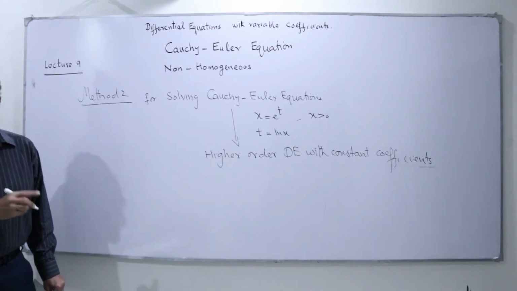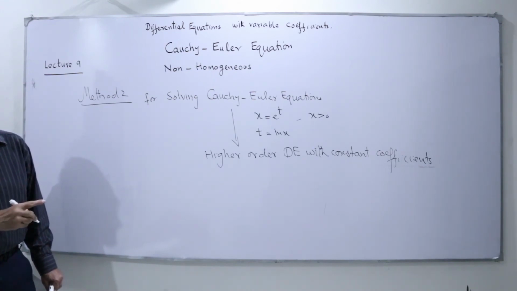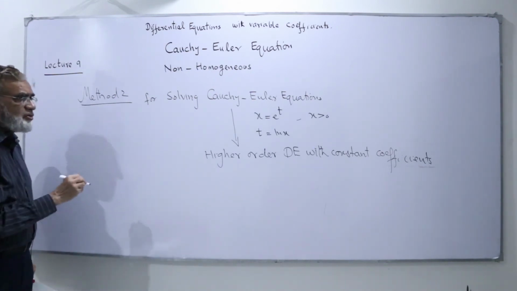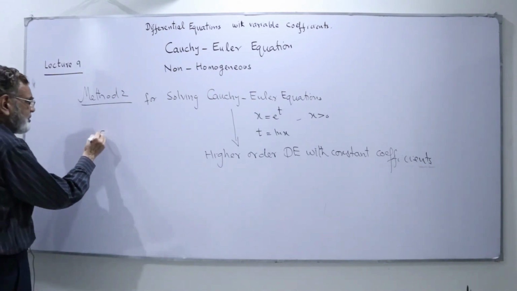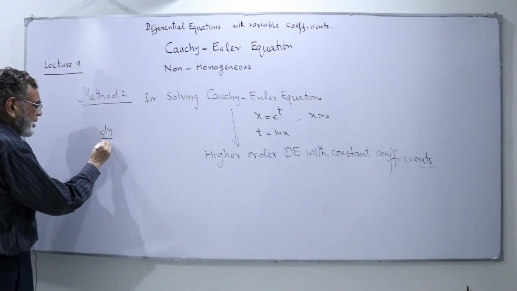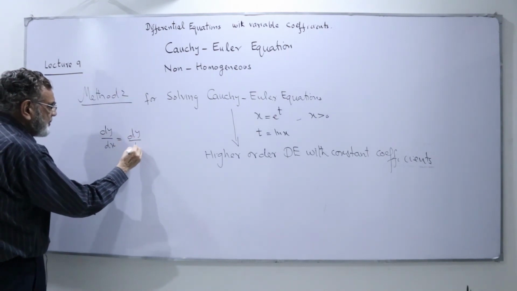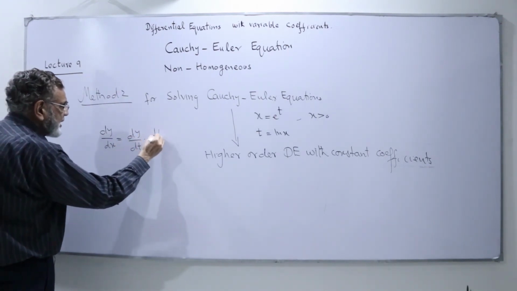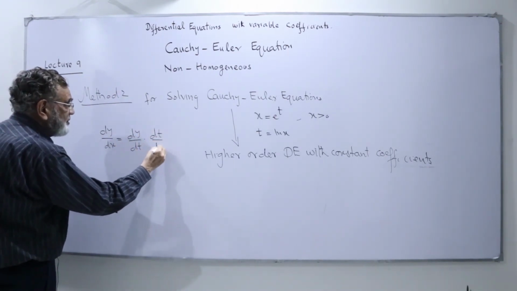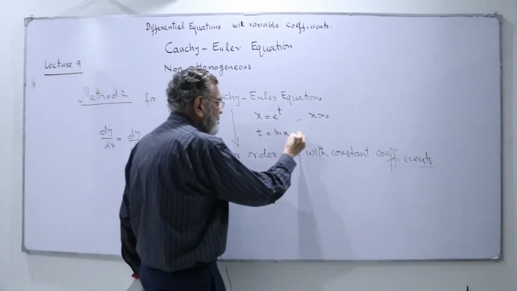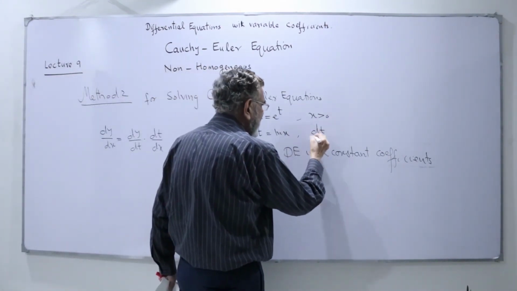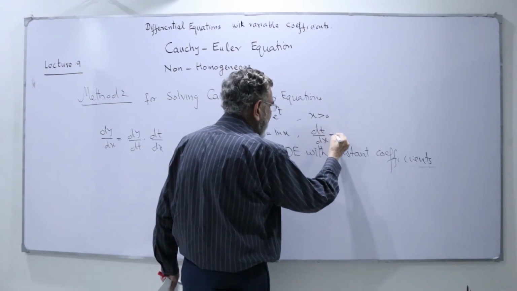I will give you an example and show you how we can shift this, especially the transformation I want to give. We are having dy by dx, and we can shift it to dy by dt times dt by dx. If I take the derivative of this one, then what's dt by dx? dt by dx is equal to 1 upon x.